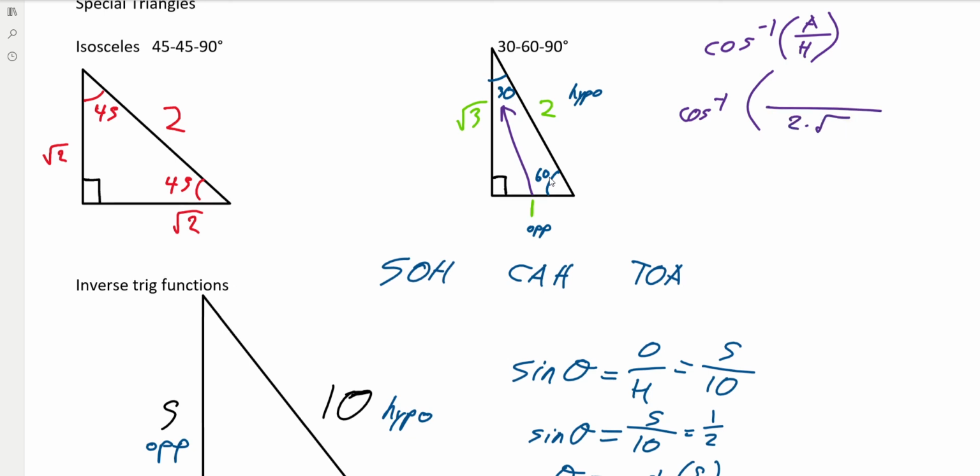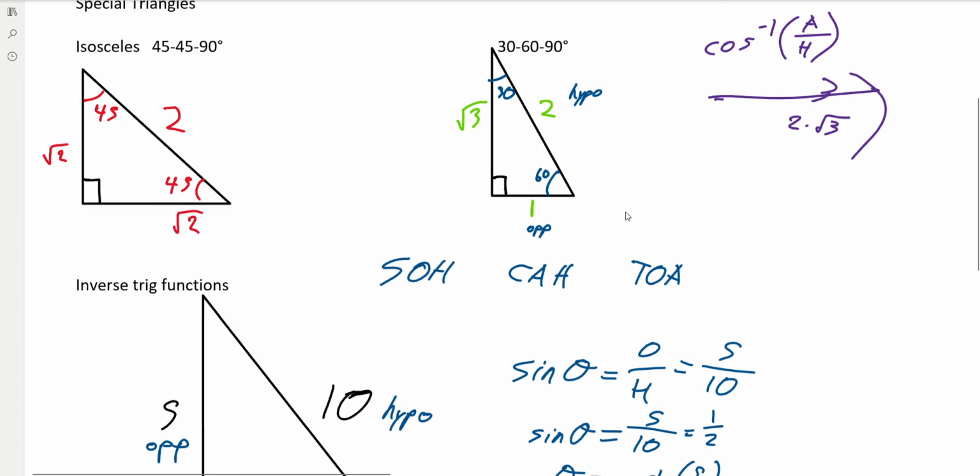But basically you're trying to compare your ratios to one of the special triangles, and then going for the different angle, depending on which one fits at any given moment.